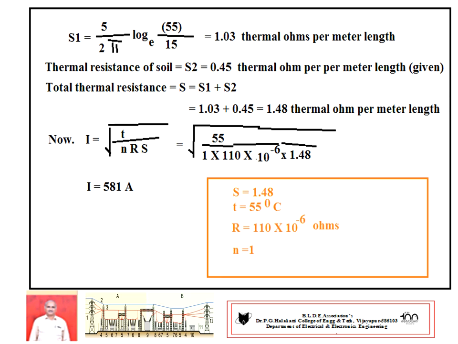Then go to the current expression: the permissible current I equals square root of T divided by N into R into S, where R is the resistance value, S is the thermal resistance value, and N is the number of conductors. Writing down the data and calculating, the current becomes 581 ampere. Thank you to one and all.